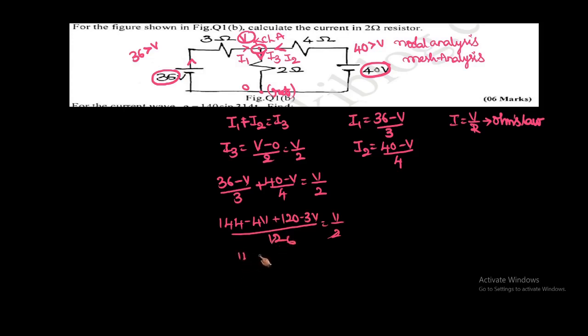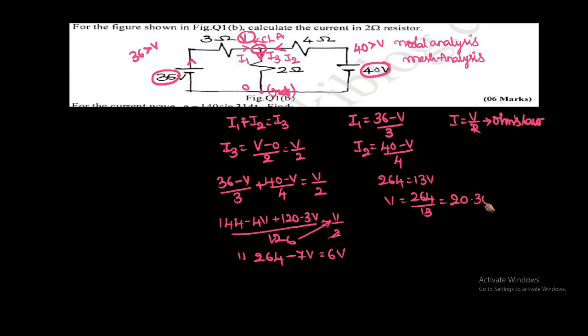So 264 minus 7V is equal to 6V, giving 264 is equal to 13V. V is equal to 264 divided by 13, that is 20.30.